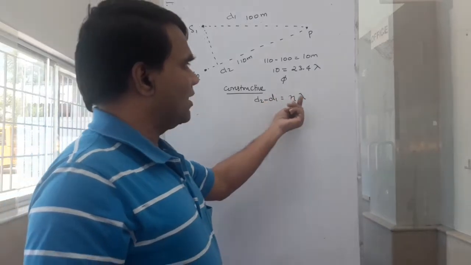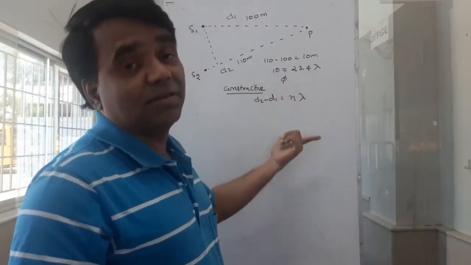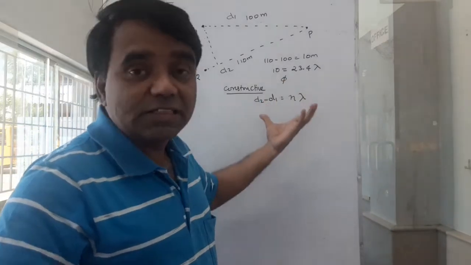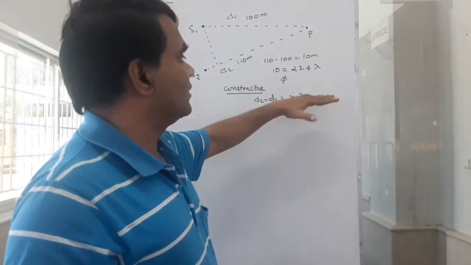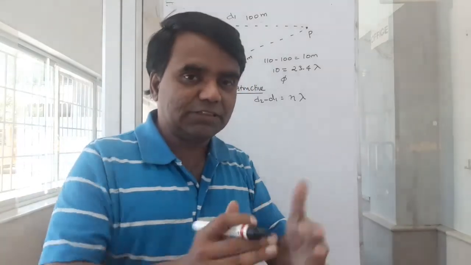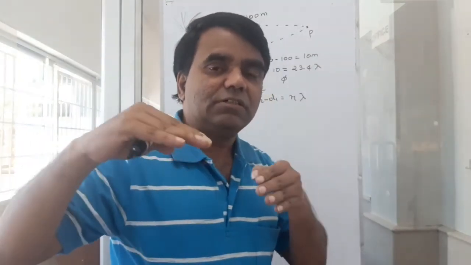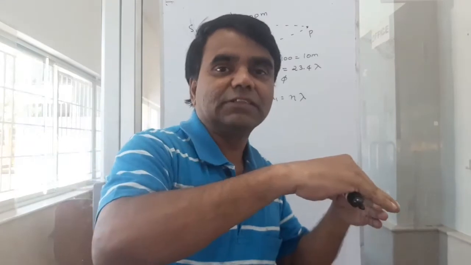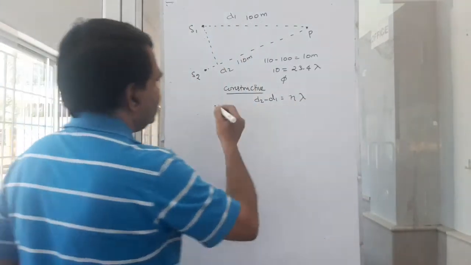So whether it is 1 lambda, 2 lambda, 3 lambda, 23 lambda, 230 lambda, it will still be constructive, because after so many lambdas, these will start interfering in phase. So this will be constructive.